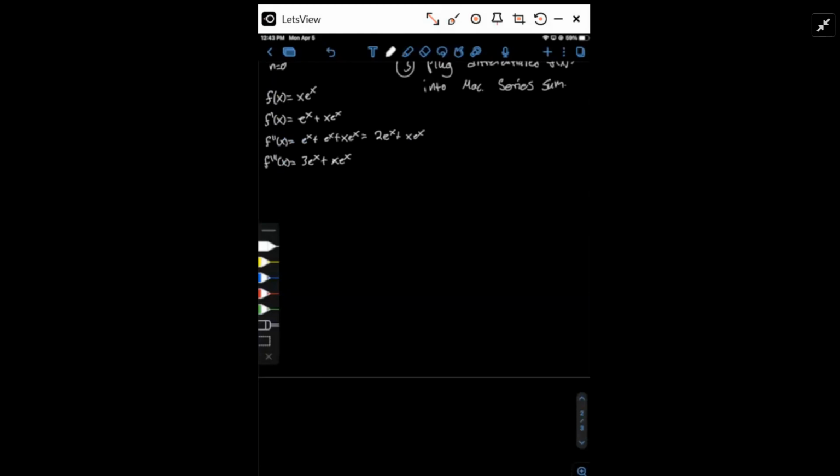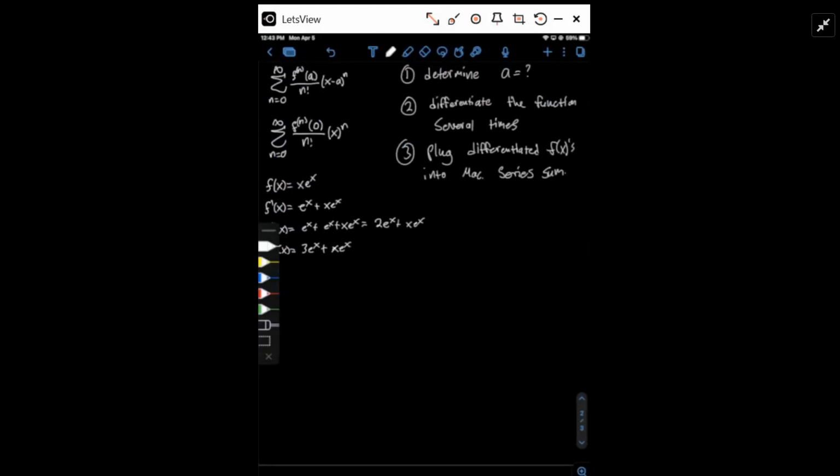For some examples, you might have to do more than 3 derivatives, but for this one, I think it'll be enough. So the third step is to plug the differentiated f of x's into the Maclaurin series sum.